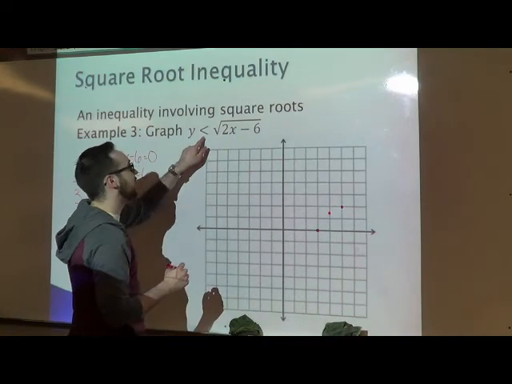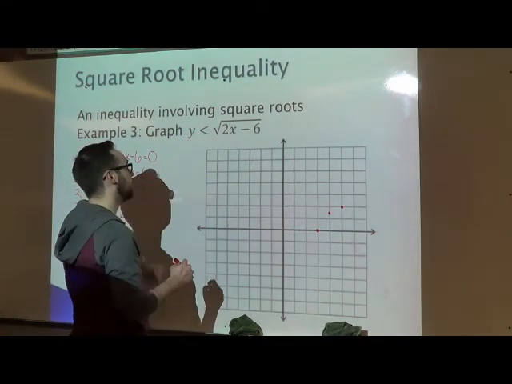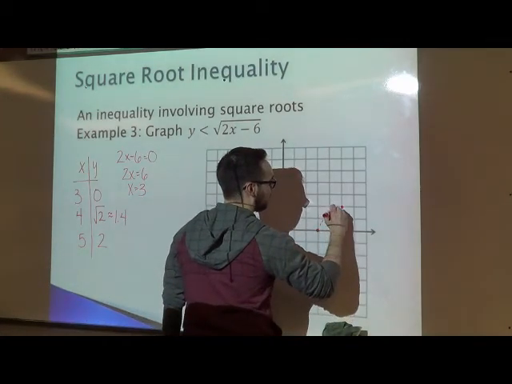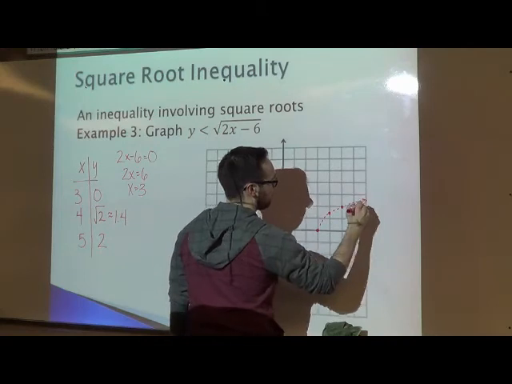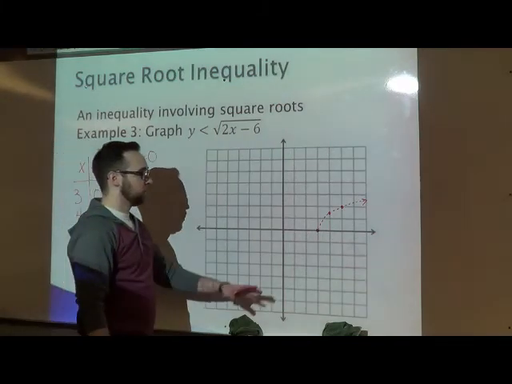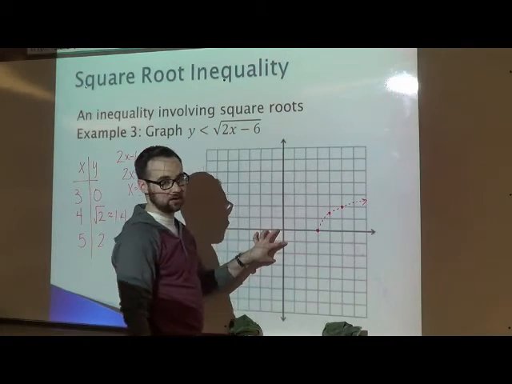Now, I have inequalities again. Remember, that means a dotted or solid line. So because it's not or equal to, this is going to be a dotted line. Just my inequality, but it's dotted. And then I have to determine, am I going to shade underneath the radical, or am I going to shade around the radical?